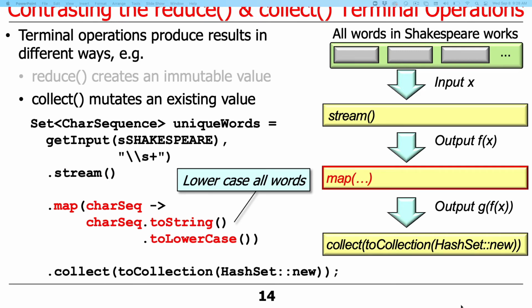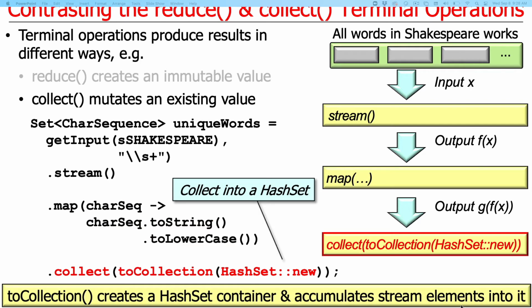We're then going to lowercase all the words. So capital H Horatio becomes the same as lowercase horatio. That's probably not a good example, but there are other words that might be capitalized in some contexts and lowercased in others, like anon, which I think means then. So we'll have a stream of lowercased words, and then we're going to collect the results into a hash set.